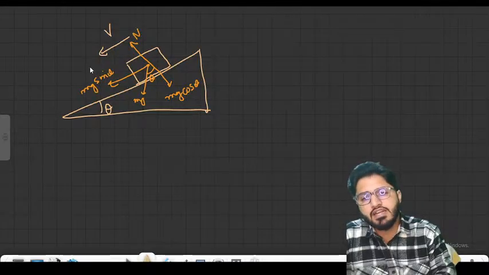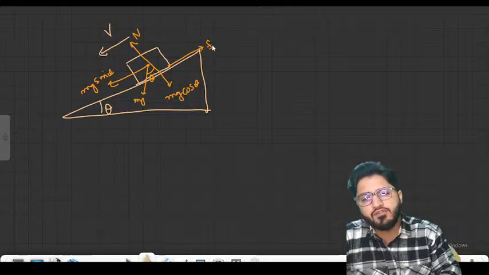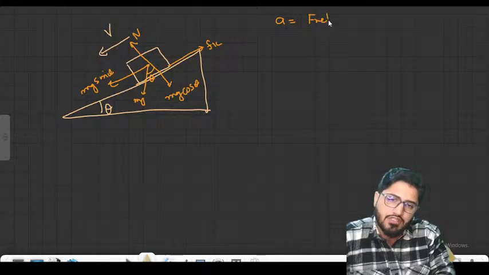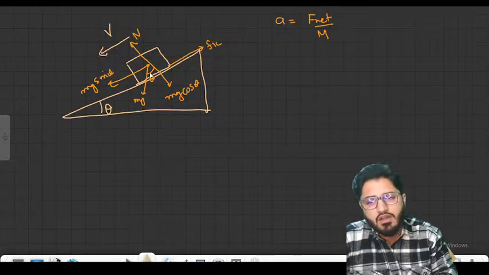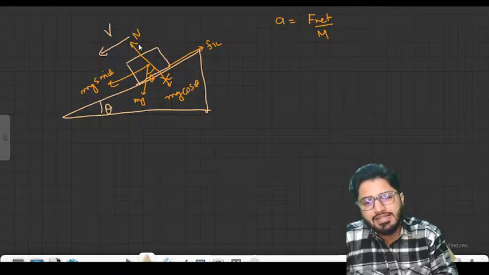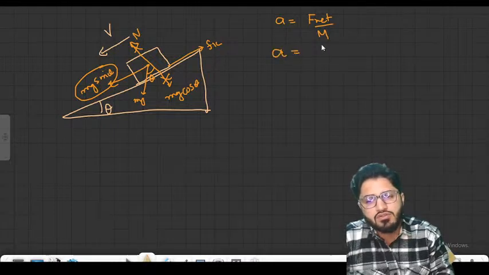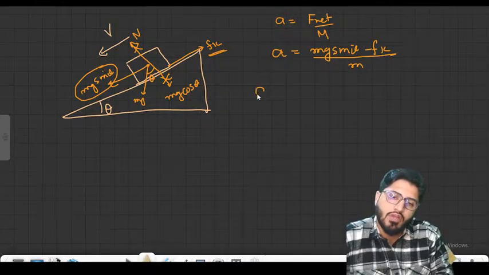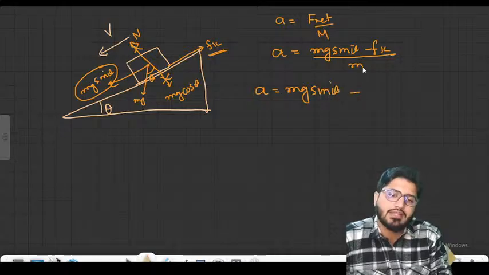If your box is going downwards, my frictional force will act upwards, Fk. My acceleration is net force divided by mass. These two forces are balancing each other, so no issue. Now it is going downward, so mg sin theta will be the dominant one. The forces act opposite, so acceleration is mg sin theta minus Fk, whole divided by m. What is Fk?